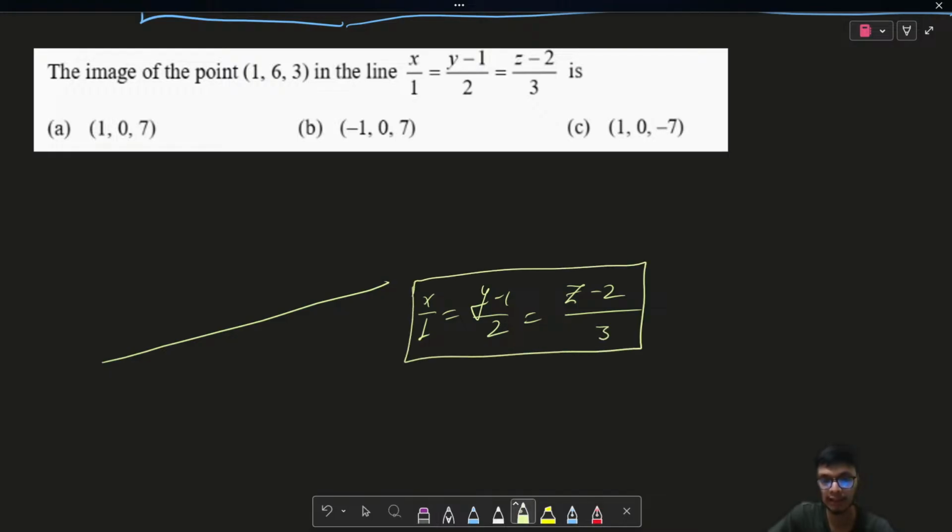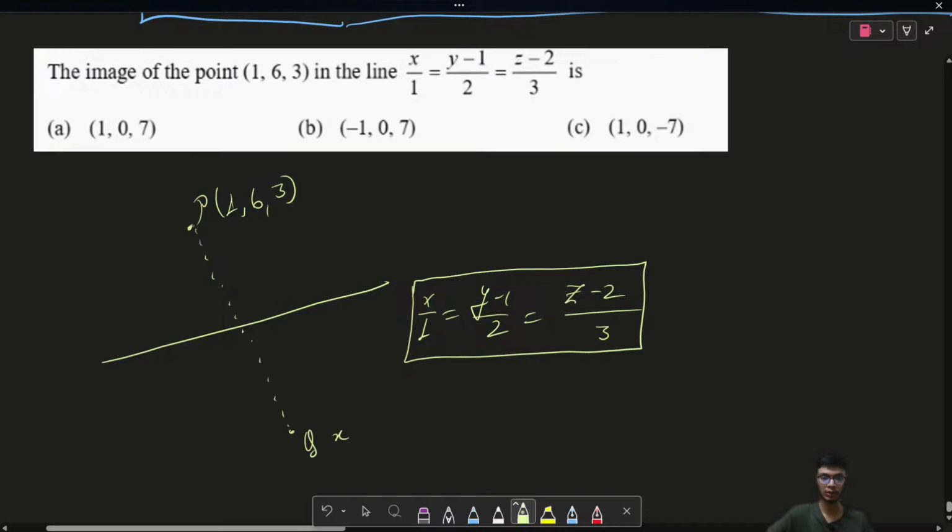There is a point P over here which is given as 1, 6, 3. Right, now I need to find out the image of this particular point. Let us say that image is Q, and let us say that image point is given by alpha, beta and gamma.